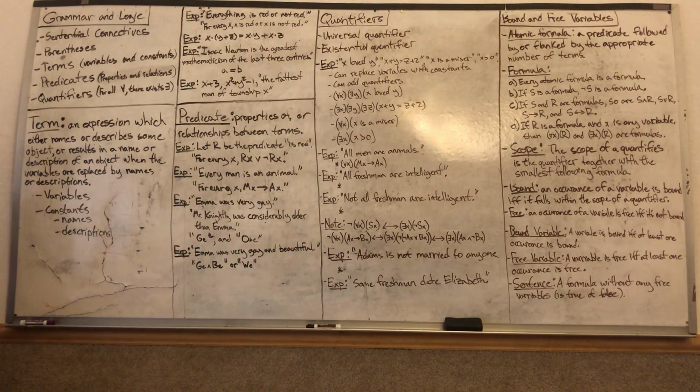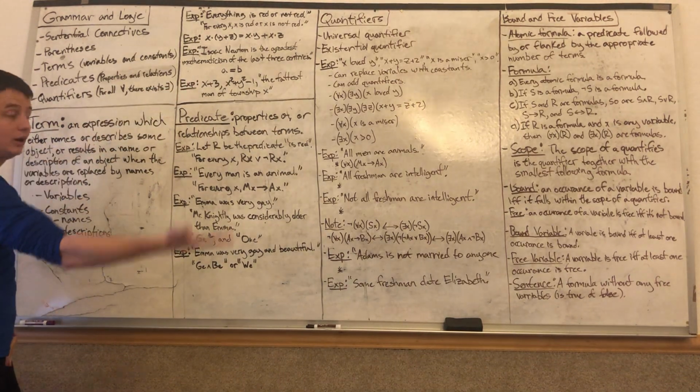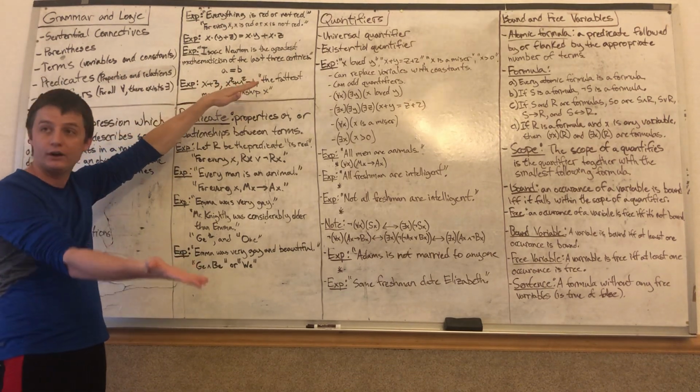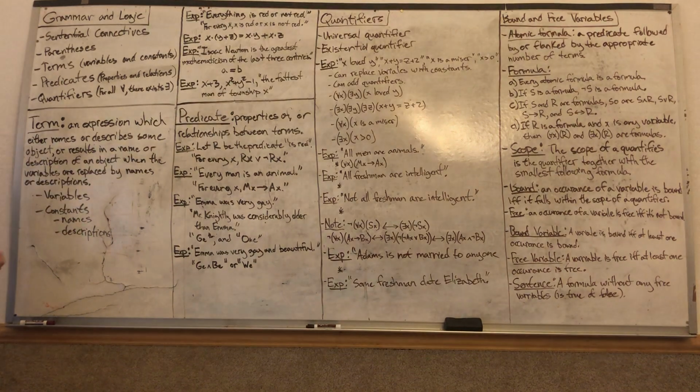If it's a variable, we're typically going to use letters close to the end of the alphabet, like x, y, and z, same way we do variables in a math class. In other words, if it's a term it's either a variable or a constant.